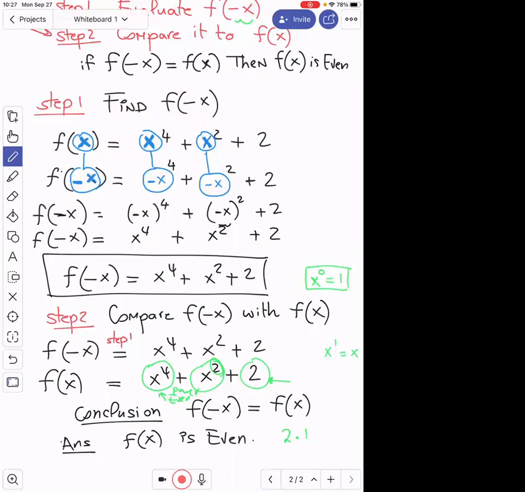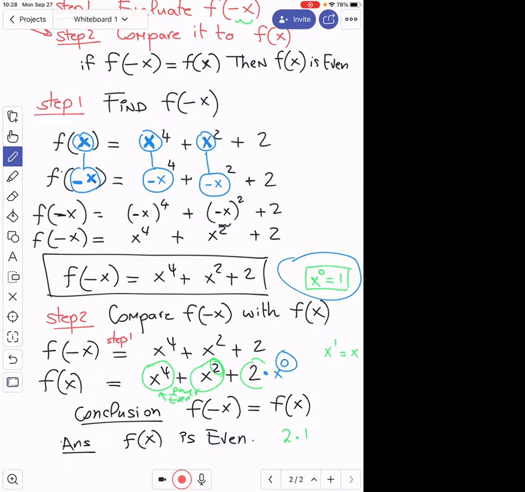So you can write this 2 as 2 times x to the power 0. And 0 is also an even number. So all the powers of x in my function f are even: the 4, the 2, and the 0. They are all even.